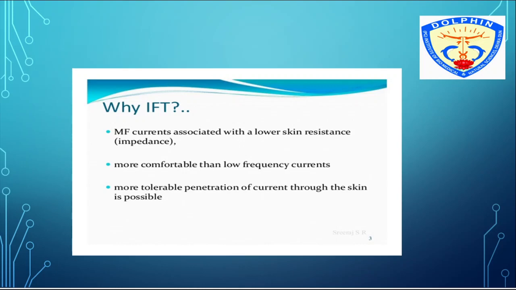The result of the appropriate high frequency is that it will pass more easily through the skin, requiring less electrical energy input to reach the deeper tissue and giving rise to less discomfort.